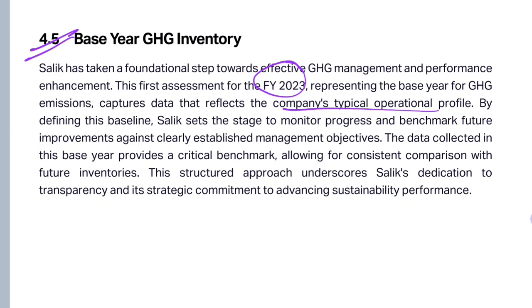So by defining the baseline, the company sets the stage for monitoring progress and benchmarking future improvement against clearly established management objectives. Also, data collected in this base year provides a critical benchmark, allowing for consistent comparison with future inventories. Also, this structured approach underscores Salik's dedication to transparency and strategic commitment to sustainability performance.